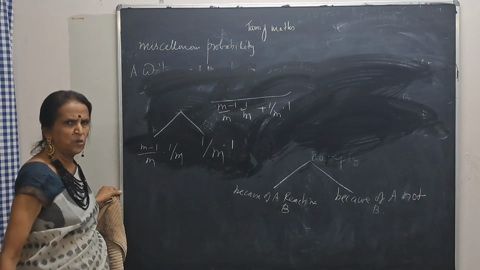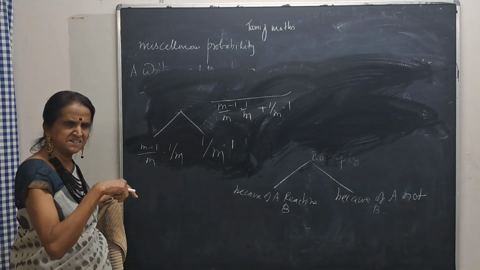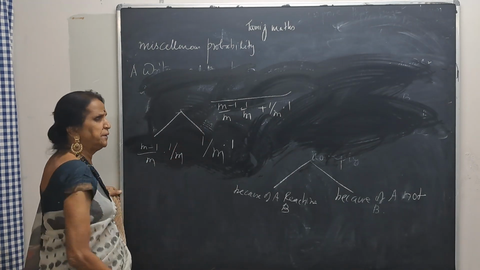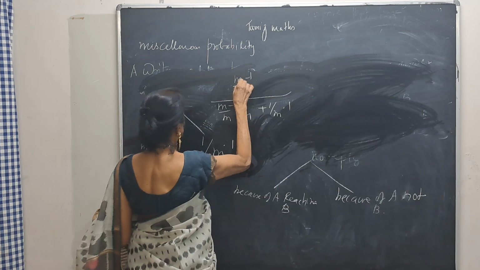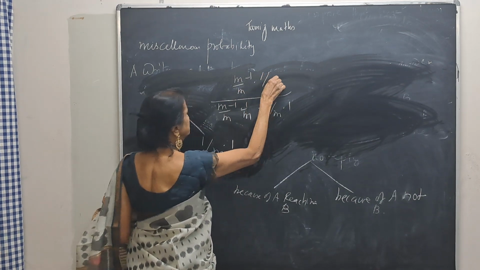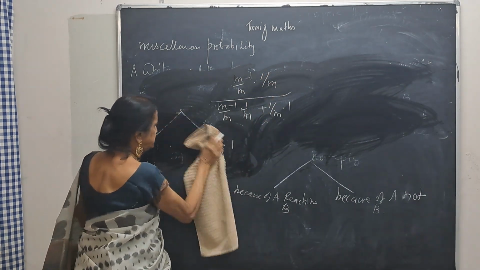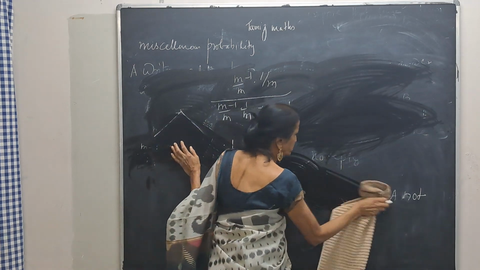What is he asking you? What is the probability A's letter has reached B? This should have happened because of A's letter reaching B. Calculate this, you will get whatever he has asked. Let's see what we get.